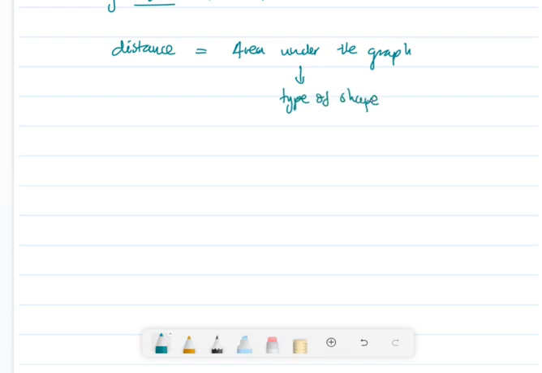So your task is to check the type of shape. And in most cases, the types of shapes that we come across are the triangles. You know, triangle is calculated by half BH.